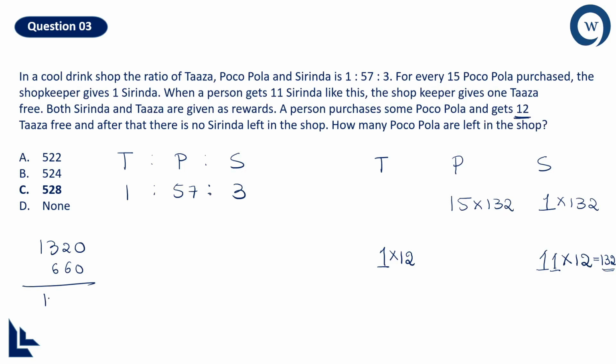That gives me 1980. So if a person gets 132 Sirinda, then definitely he has already purchased 1980 Coca-Colas.